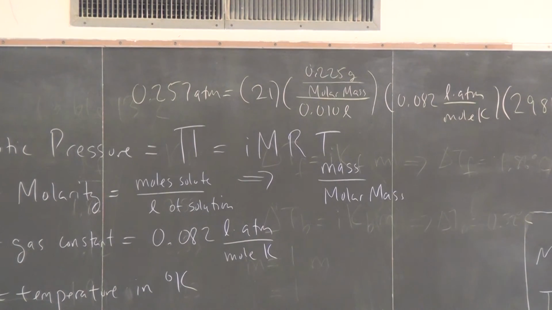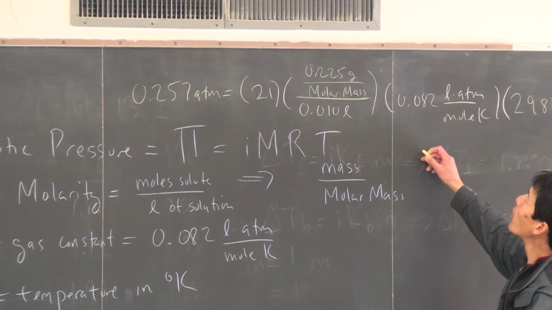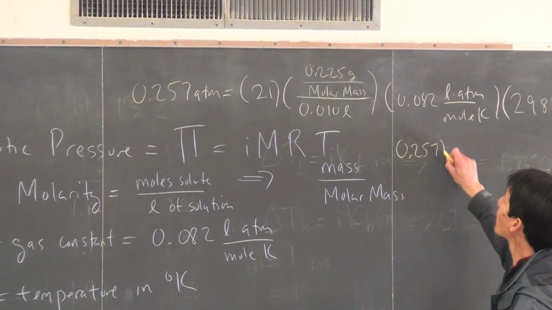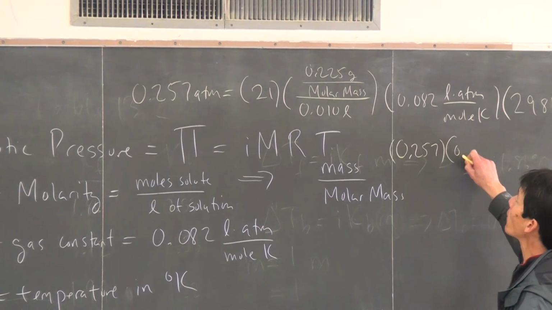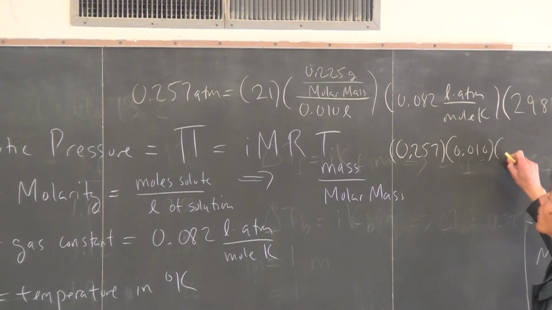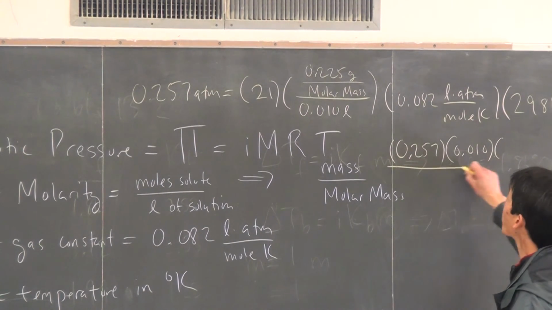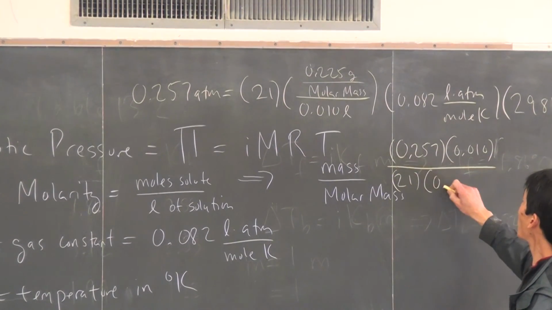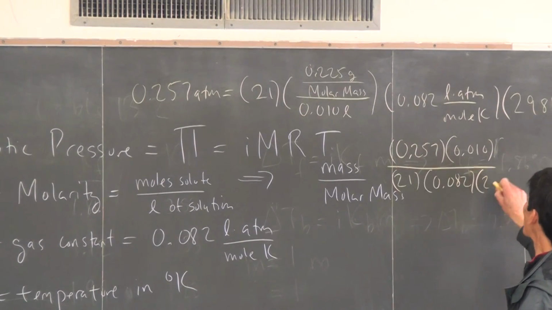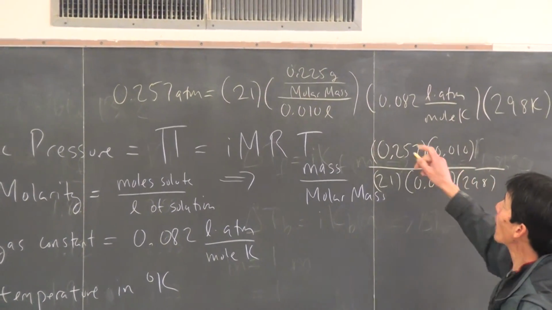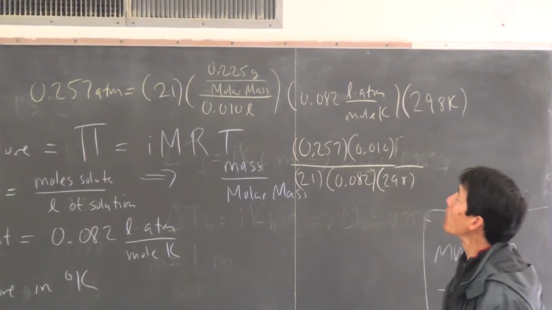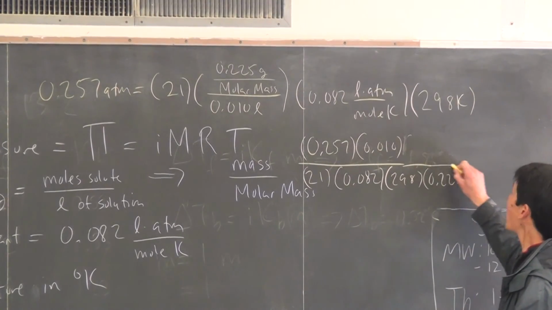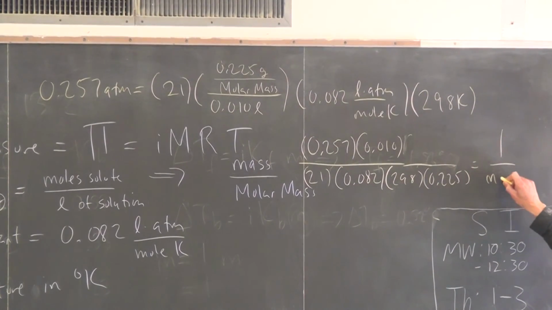So if we do some rearranging here, we have 0.257 times 0.010, divided by 21, divided by 0.082, divided by 298, divided by 0.225, and that's equal to 1 over the molar mass.